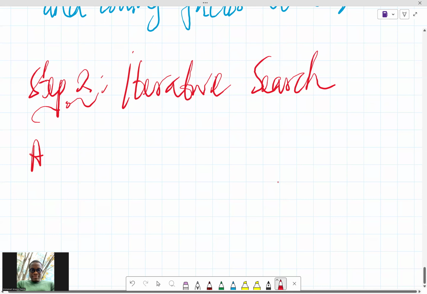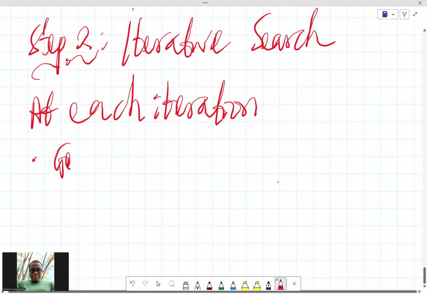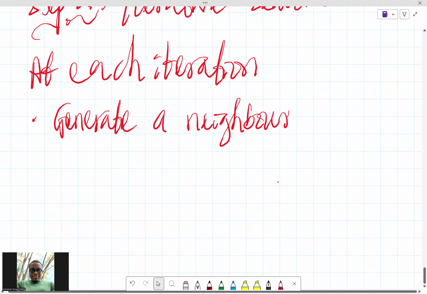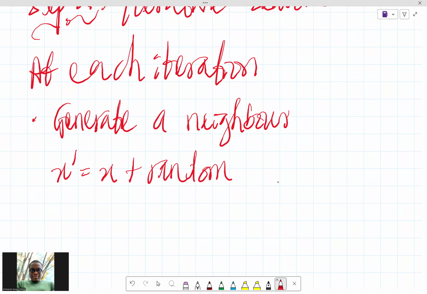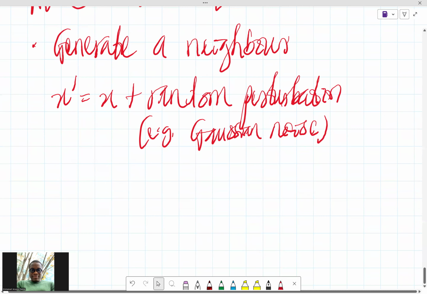At each iteration, first we generate a neighbor, and the neighbor is x prime equals x plus a random perturbation, and that perturbation can be something like Gaussian noise. So we have that random perturbation.